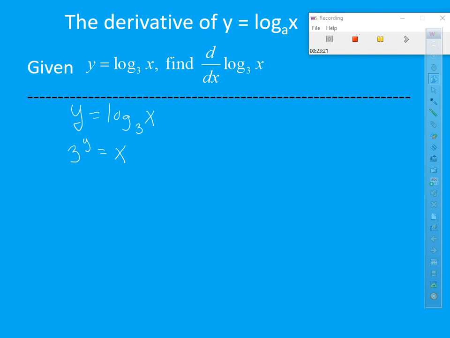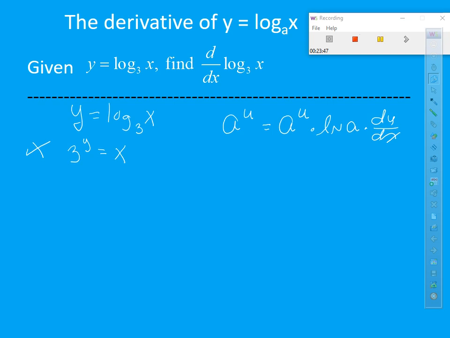Now the reason I'm going to do that, last class we looked at how to find the derivative of a to the u. Remember that derivative from last class is a to the u, whatever your expression is, times the natural log of the base times the derivative of your exponent.